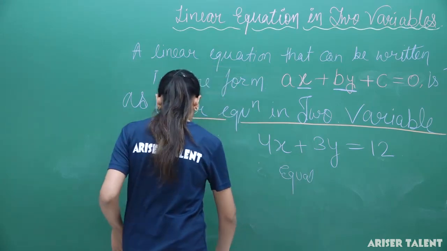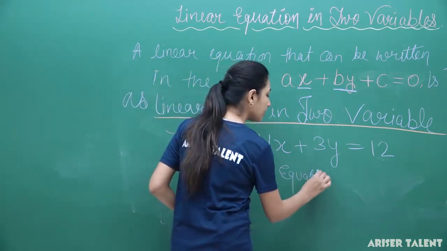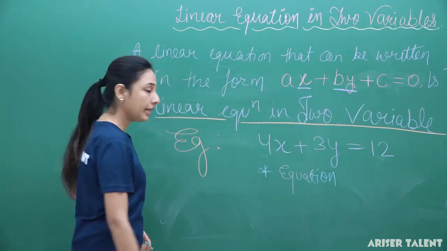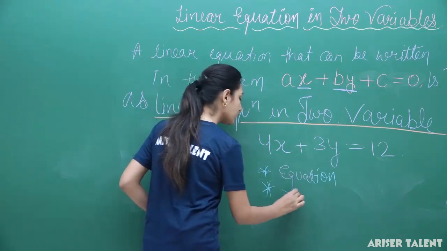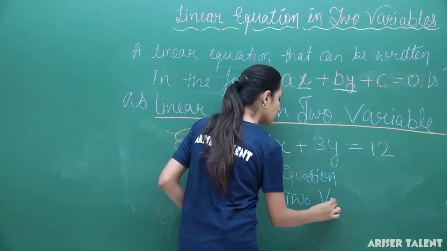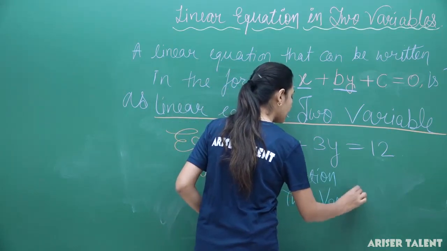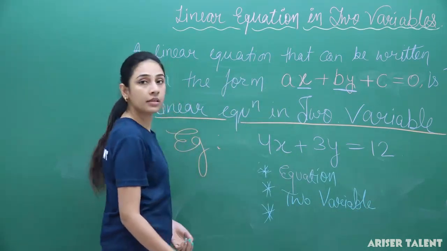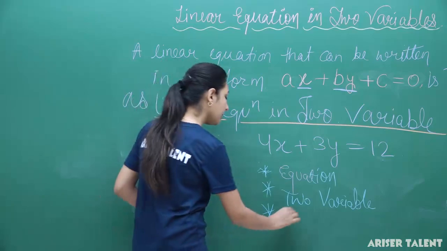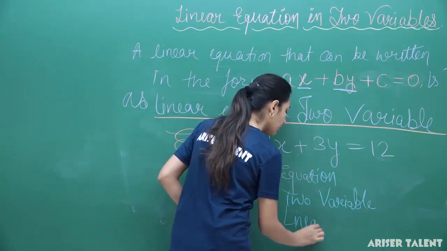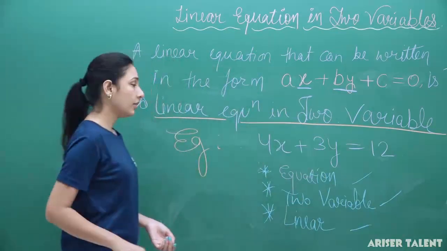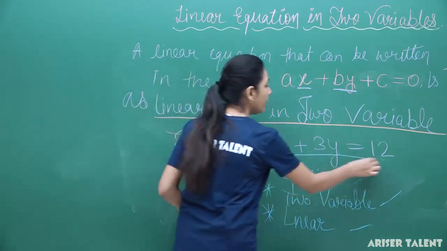Good. So it is an equation. First thing. Then second, it's having 2 variables. Okay. Checked. Now the third one is, students, is what? It's linear. So linear equation in 2 variables it is, right? So this is the classic example.